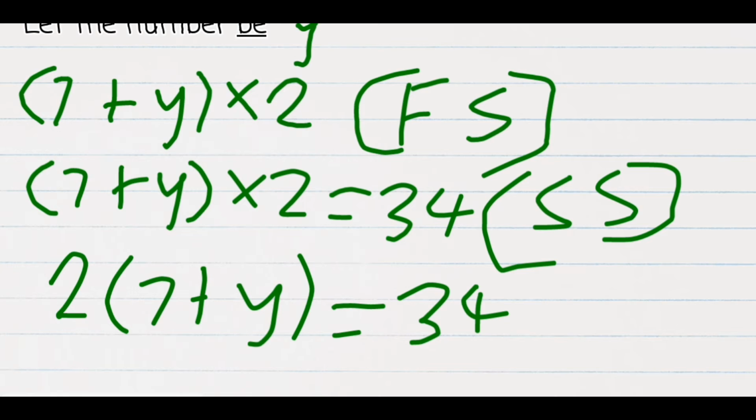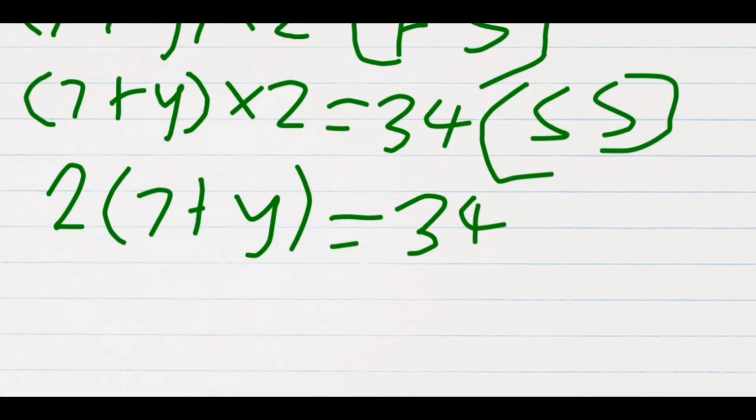They say the result is doubled, meaning these two as a whole is being doubled. If y was known, for instance, let's say y was 1, we would have added 7 to 1, then multiplied. But since we can't add 7 to y, we will write it like this and multiply it by 2 by putting it outside of the brackets.